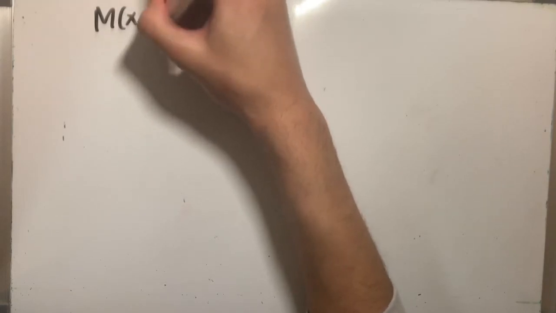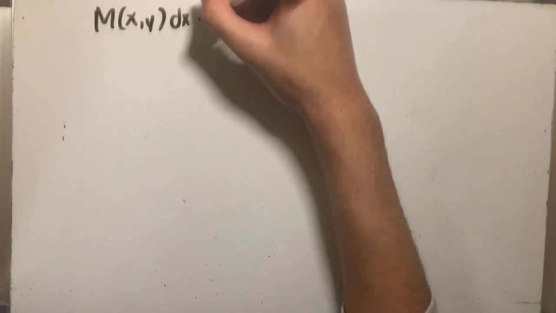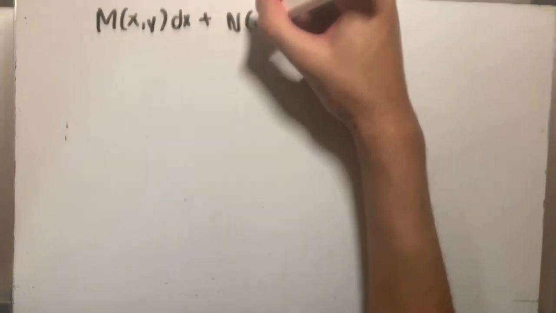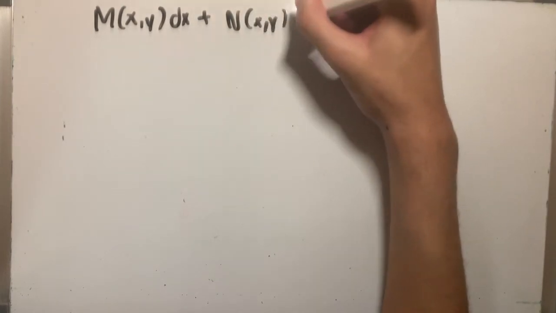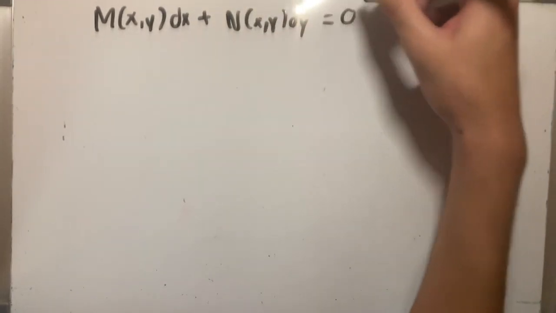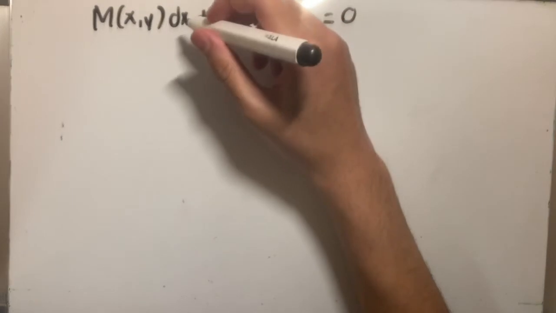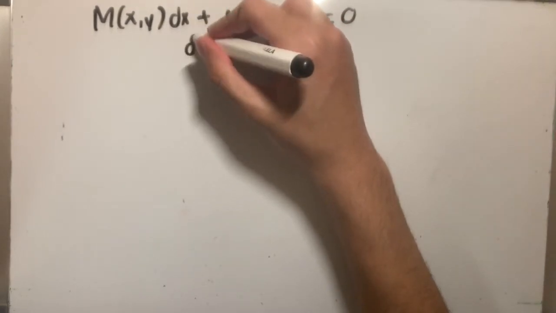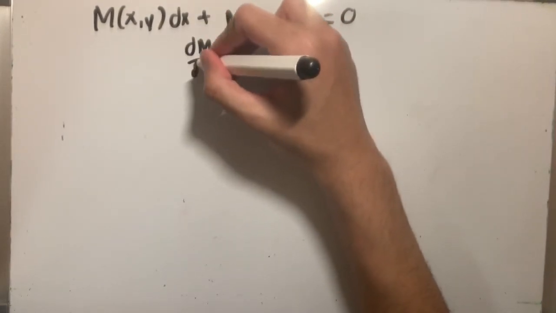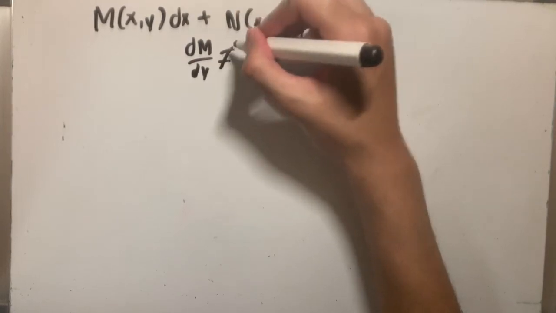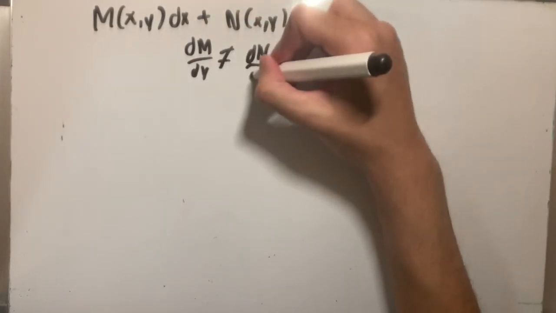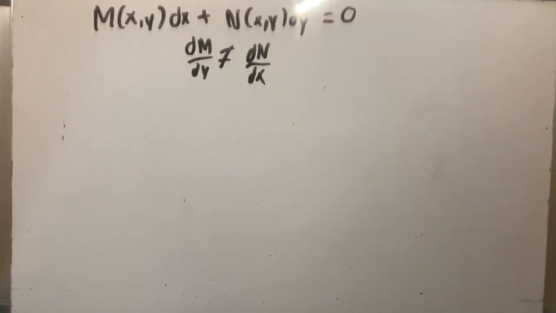Things get a little bit weird. So we have our equation that we just went through, M(x,y) dx plus N(x,y) dy is equal to 0. If dM/dy is not equivalent to dN/dx, what do we do then?